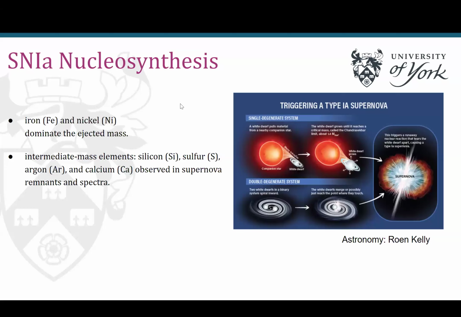Type Ia supernovae are known to produce most of the iron group elements in the universe. However, some intermediate mass elements, such as silicon and sulfur, were observed in the spectra of Type Ia supernovae.